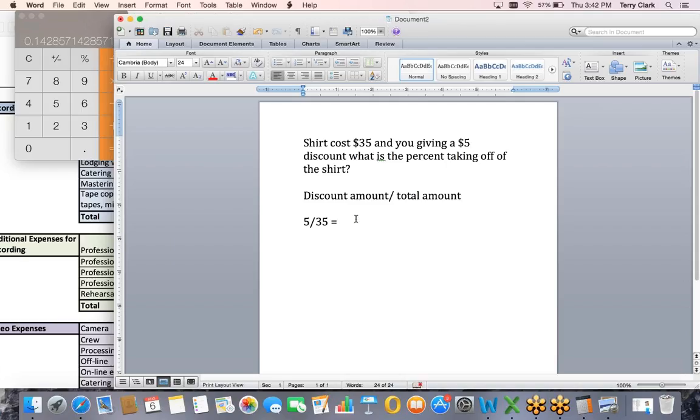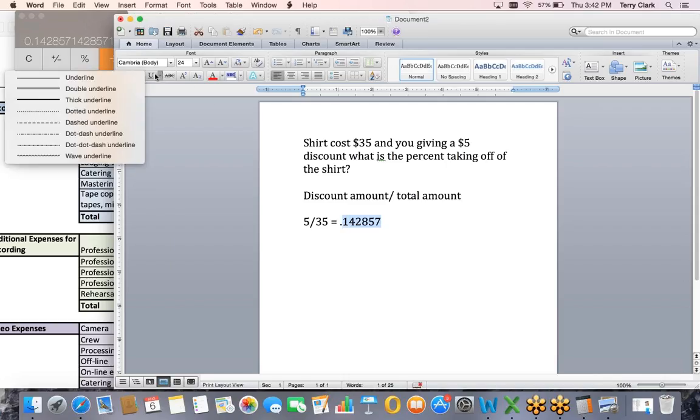Well, let me just put it in decimal form first: 0.142857. Now this is actually going to repeat. It's repeating at the 7, so that whole thing is going to have a repeating bar over it. I don't know if I can put it over. I don't see anything that allows me to put a strike over it.